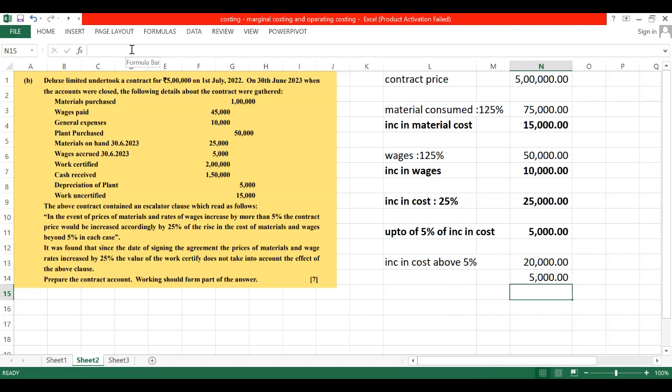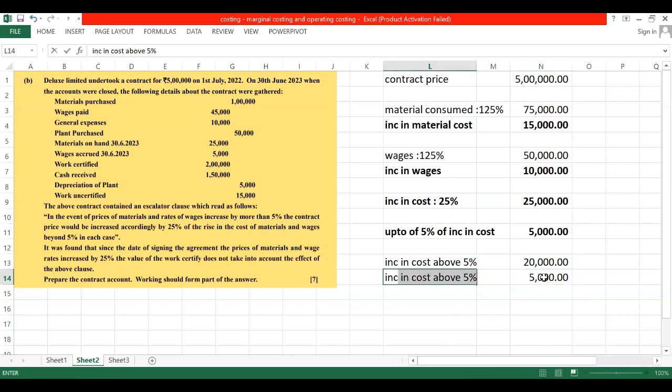So 5% of increase in cost is 5,000 rupees. Okay. So what is beyond 5% increase in cost? It's 25% is 25,000. 5% is 5,000. So the net increase is 20,000. On 20,000, 25% will get added to my cost.